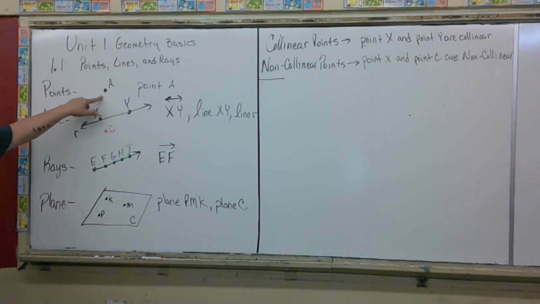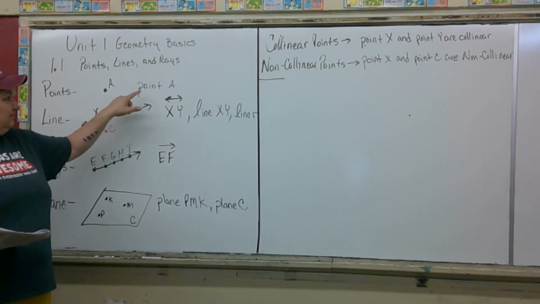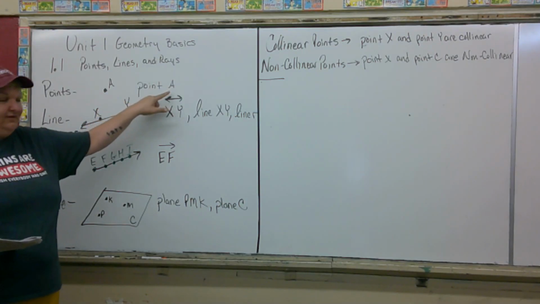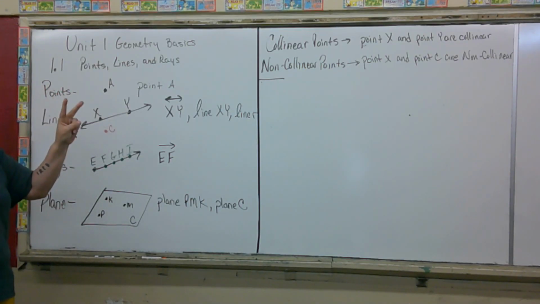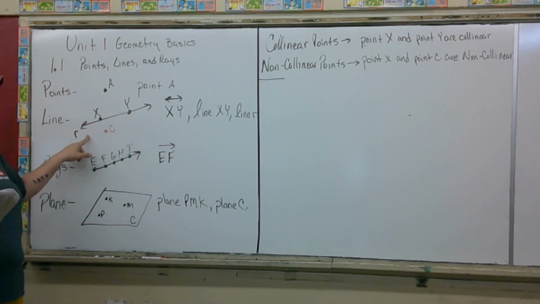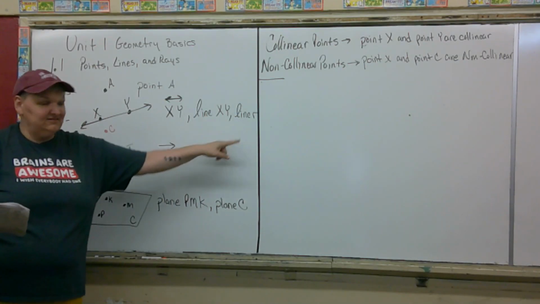Point, no location, capital letter. Lowercase point, capital letter. Line, 2 points, minimum, millions in reality. The line extends past the points, arrows on the end. It can be labeled 3 different ways.